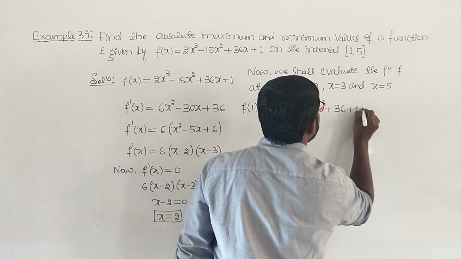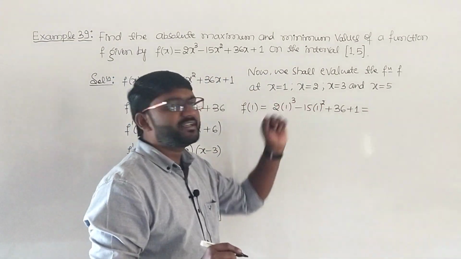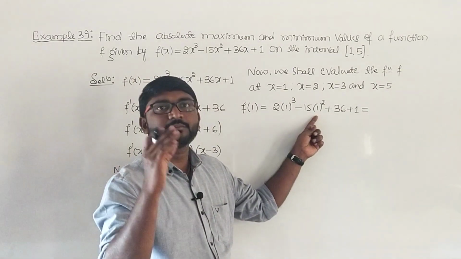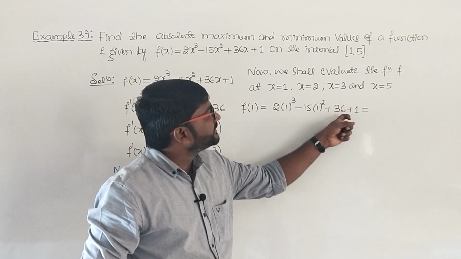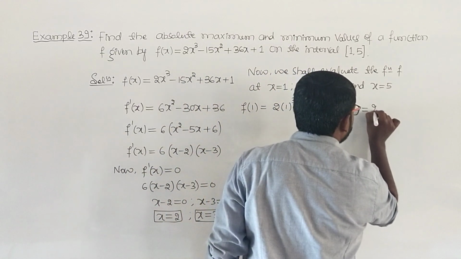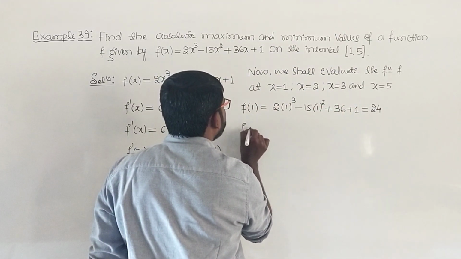Simplify this: 1 cube is 1, 2 into 1 is 2, 2 minus 15 is minus 13, minus 13 plus 36 is 23, 23 plus 1 is 24. Now I will go for f of 2.